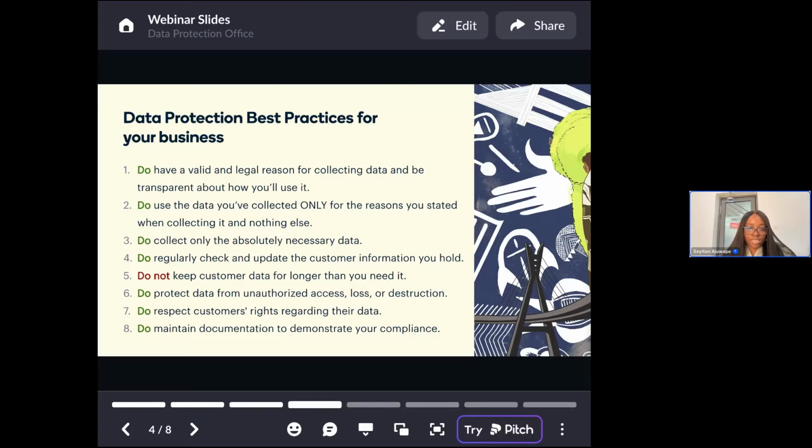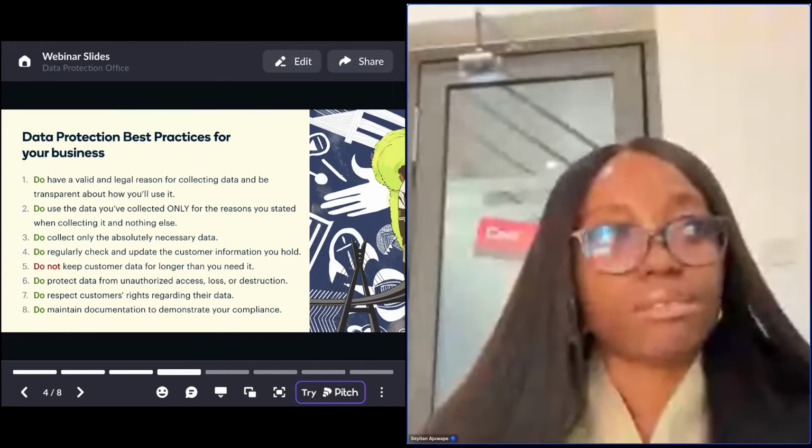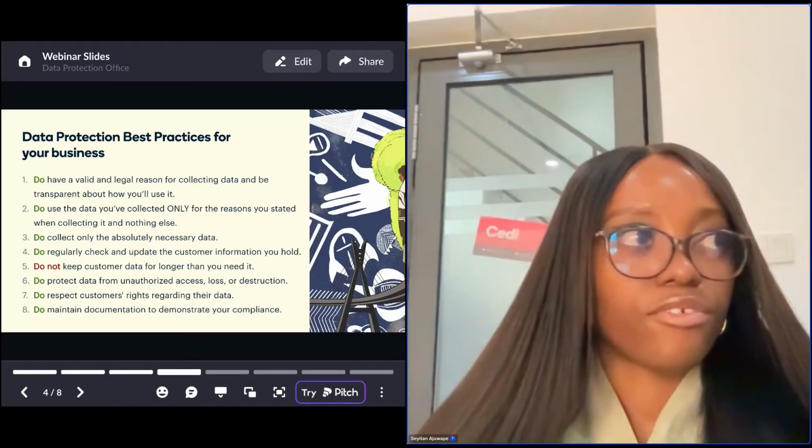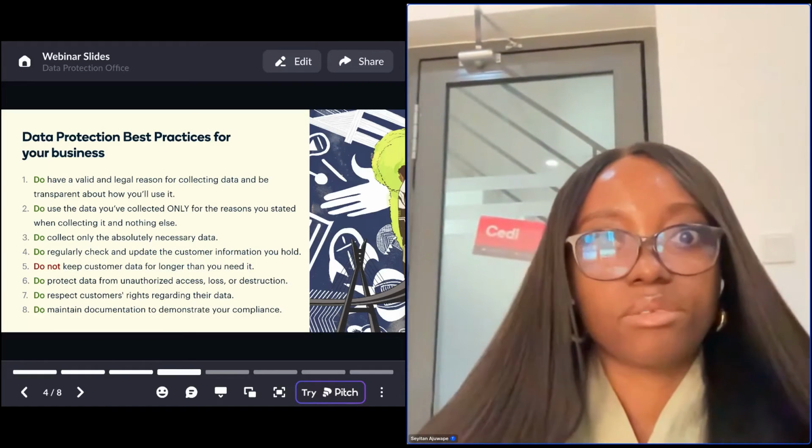So when you're collecting data, when you're processing data, make sure that you're only using it for the reasons you stated and for nothing else, because that is best practice.